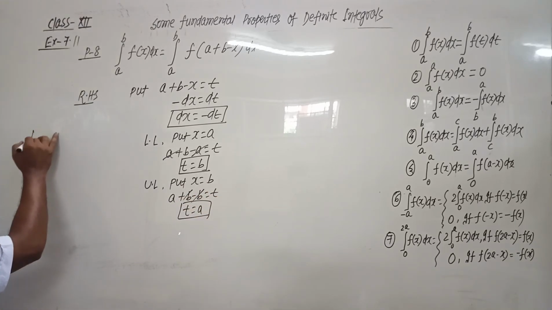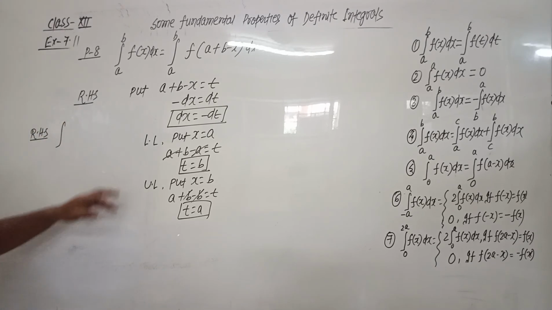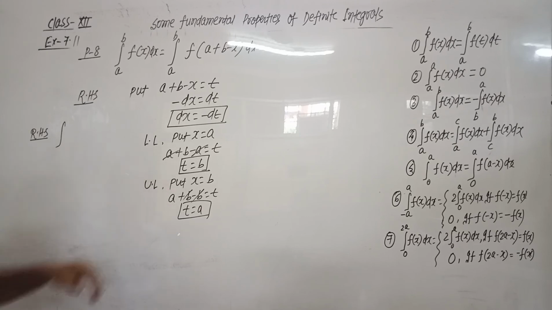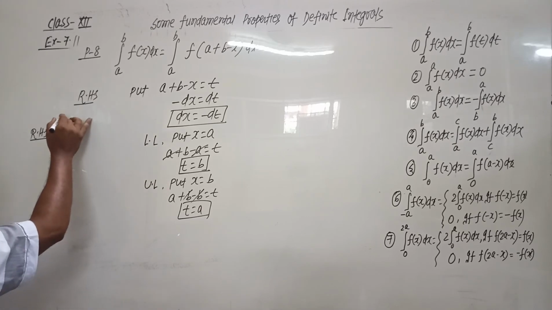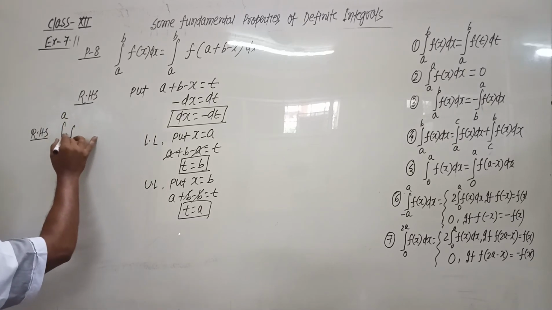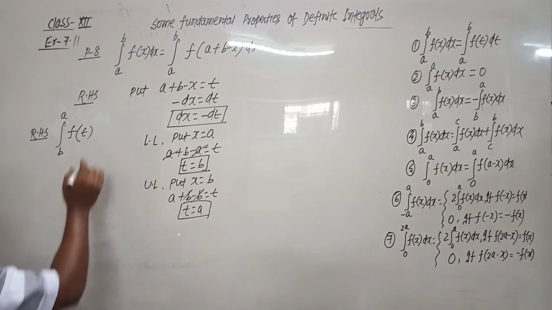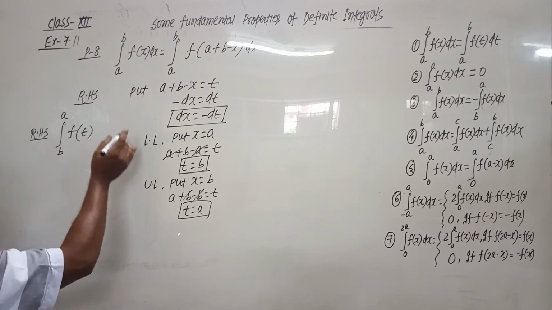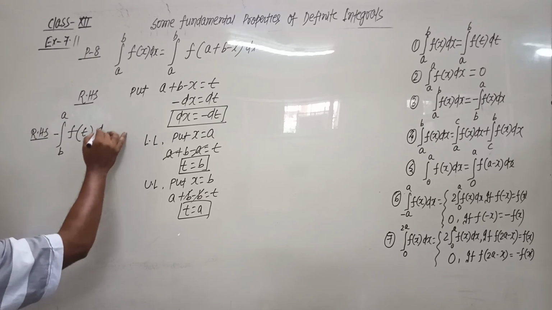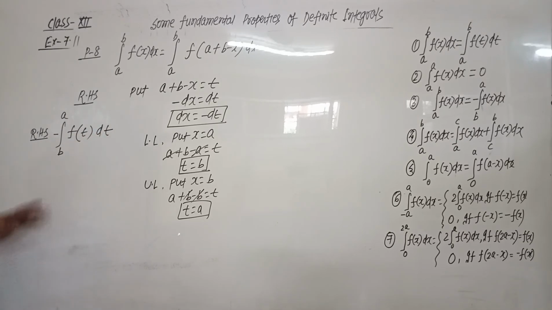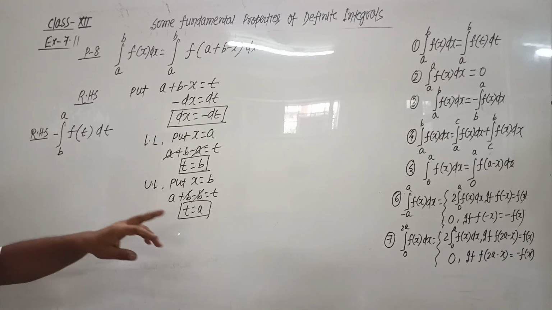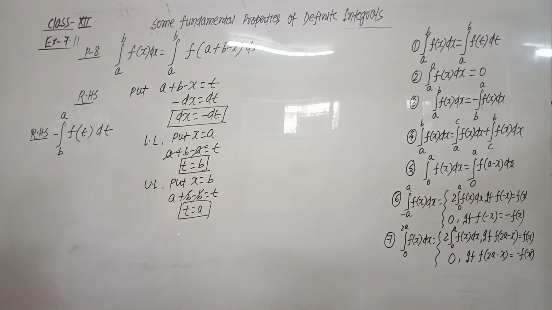So RHS is written as integration, lower limit is b and upper limit is a, and f of a plus b minus x is written as f of t, and dx is written as minus of dt. So minus of dt. Now we use property number 3.